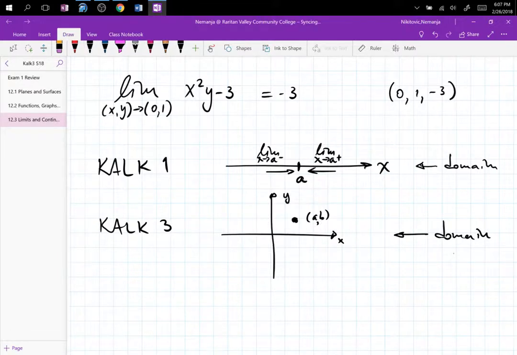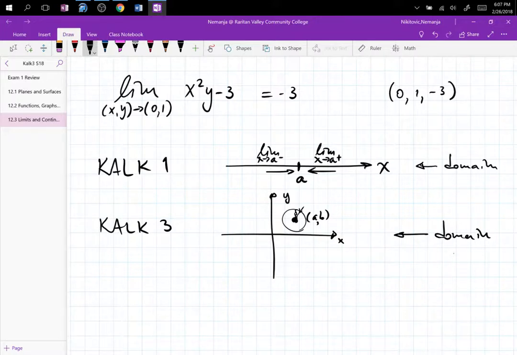So now you have the issue of the approach, and the neighborhood is no longer numbers to the left and numbers to the right. The neighborhood now becomes a disk of values around, and that disk is going to have a delta radius.